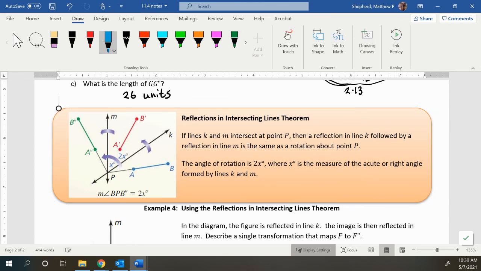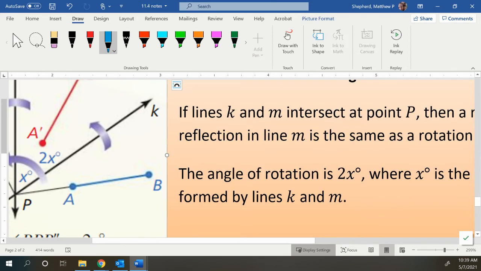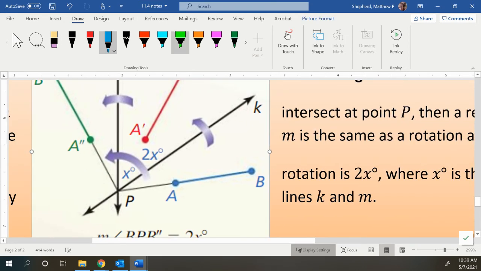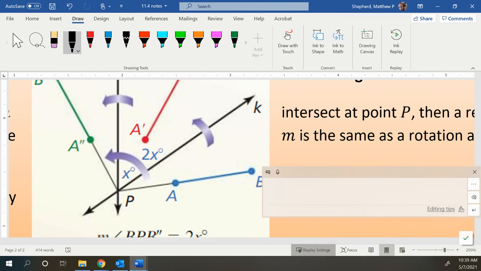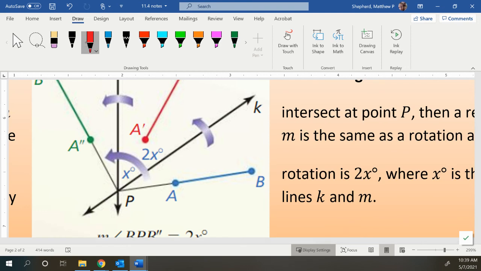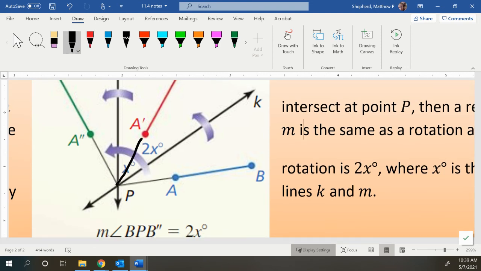Okay, so think of it this way. That middle angle x, let's go ahead and chop it in two. If it'll let me. There we go. All right, so over here I've got, we'll call it the black angle, and over here we've got our red angle.